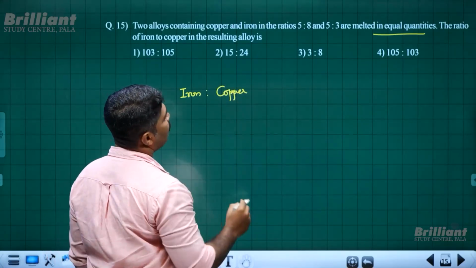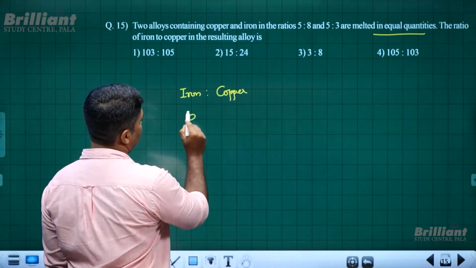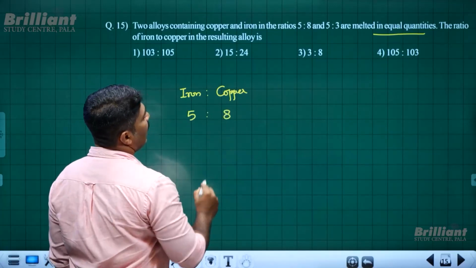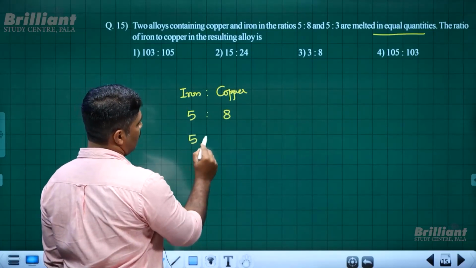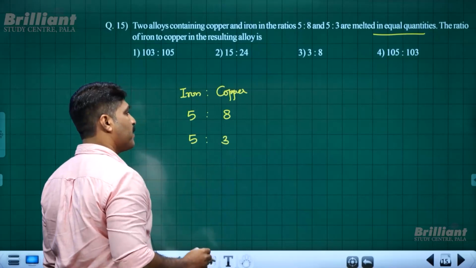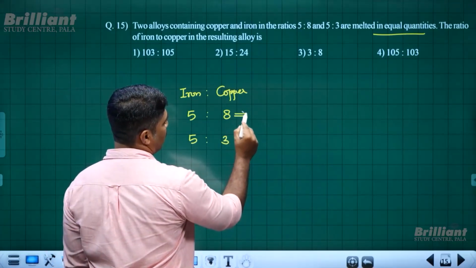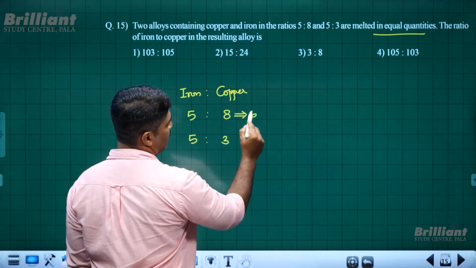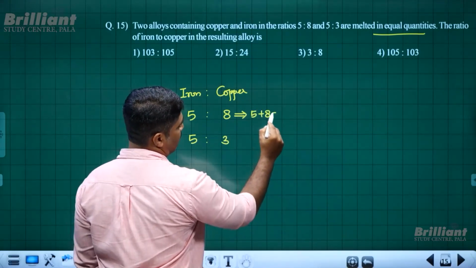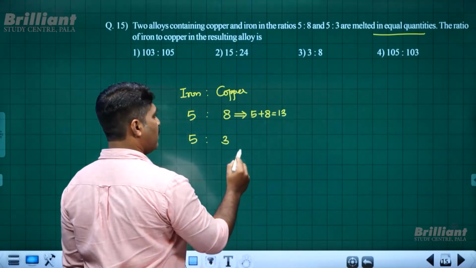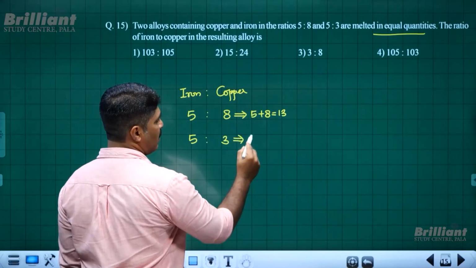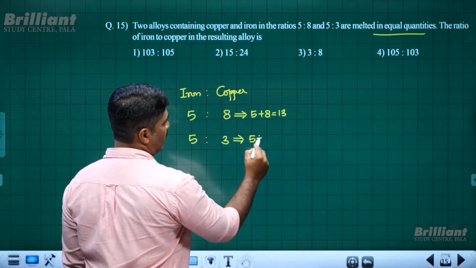Got it? Our first one is 5:8, and the second one contains the ratio 5:3. You just consider the sum of these ratio values. 5 plus 8 is 13. And this is 5 plus 3.